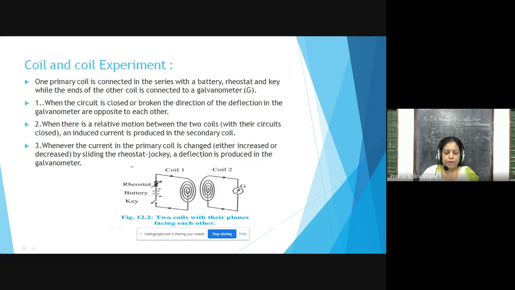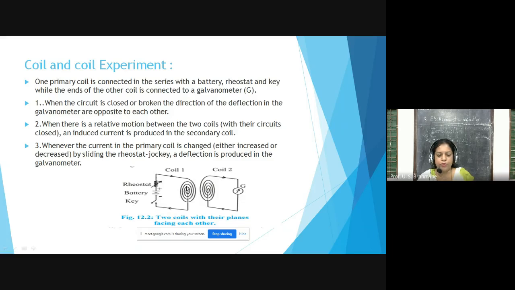The other coil, which has a galvanometer at the other end, is called the secondary coil. So one primary coil is connected in series with a battery, rheostat and key, while the ends of the other coil are connected to a galvanometer. So remember, coil 1 is the primary coil and coil 2 is the secondary coil.